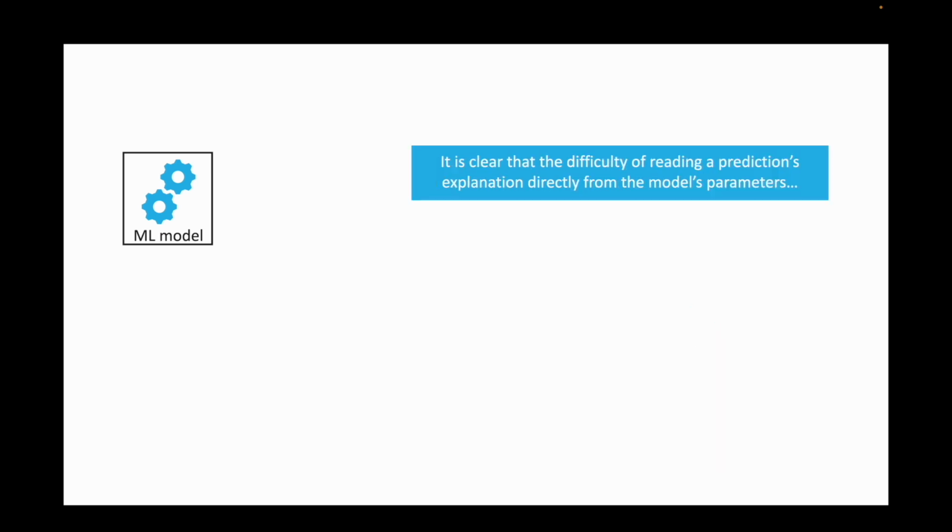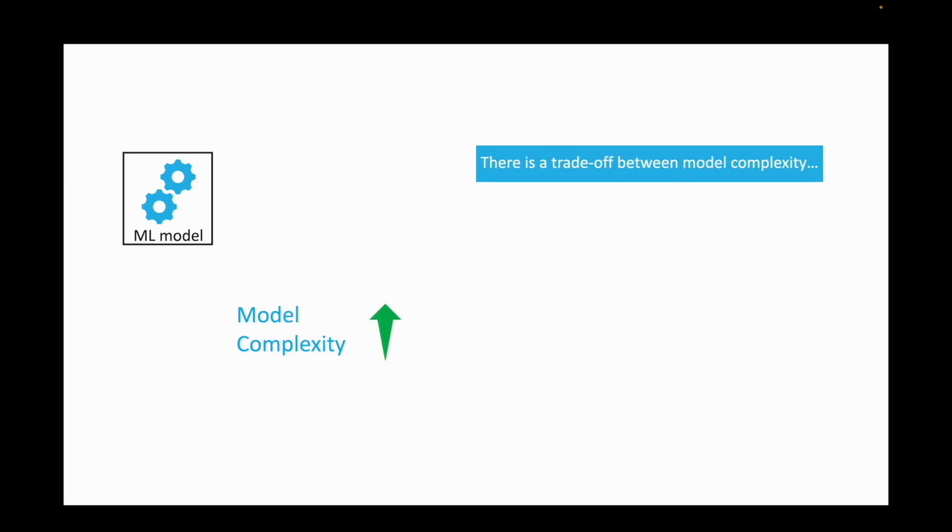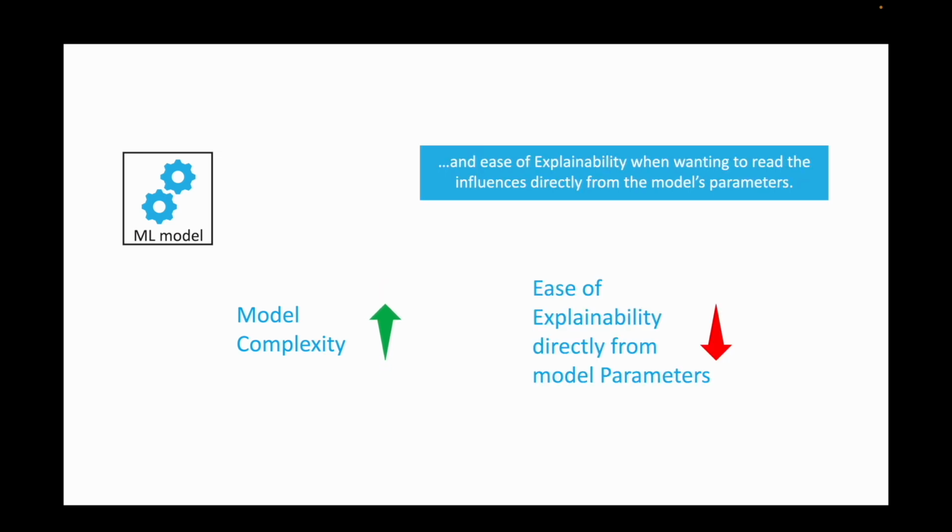It is clear that the difficulty of reading a prediction's explanation directly from the model's parameters increases significantly with the model's complexity. There's a trade-off between model complexity and ease of explainability when wanting to read the influences directly from the model's parameters.